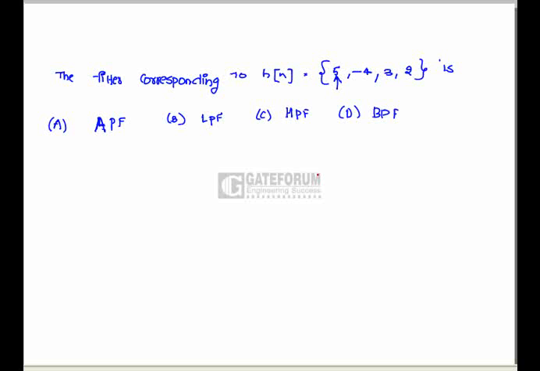The filter corresponding to the given h of n is? In order to check what kind of filter it is, we need to convert h of n into the frequency domain, that is H of e power j omega equals the summation of h of n e power minus j omega n. Here omega is the digital frequency, whose range is minus pi to pi.